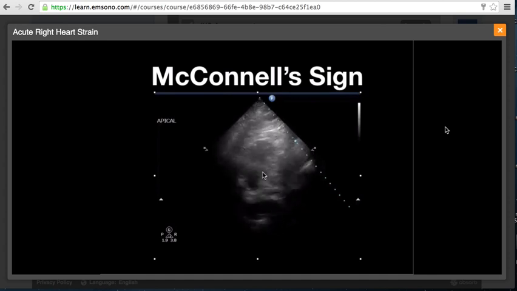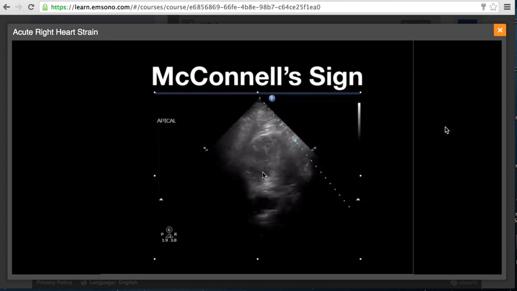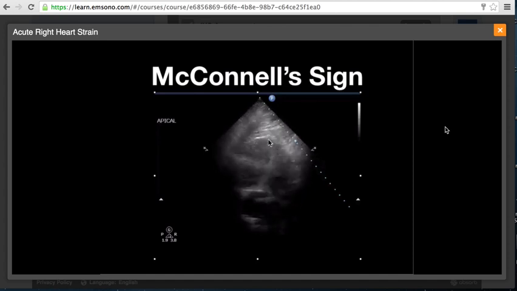Again, this is less than an ideal image due to the fact that this patient was critically ill. But you can see here on this pseudoapical window that the vast majority of the free wall here is hypokinetic, but there's preserved function of the apex here. Again, another patient with central PE and with McConnell's sign from the acute right heart strain.